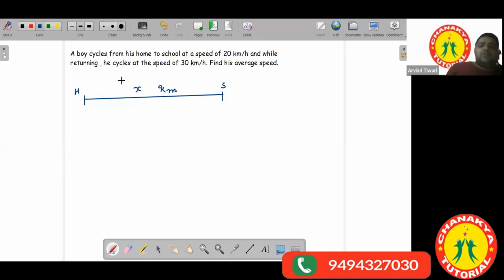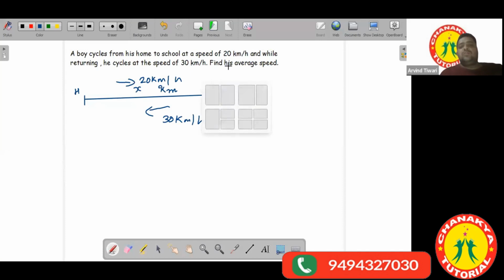Now, while going from home to school, he travels at a speed of 20 kilometer per hour, and while returning back, he travels at a speed of 30 kilometer per hour. So you have to find out the time taken by him. Oh, Yukta, you are getting it incorrect.